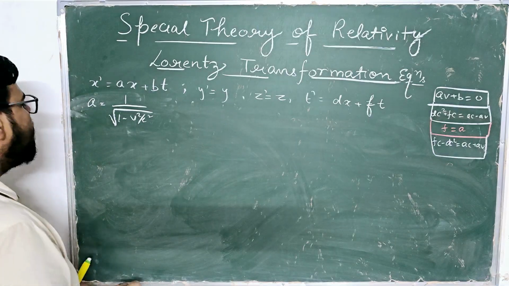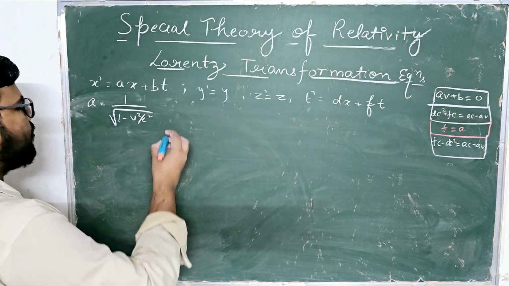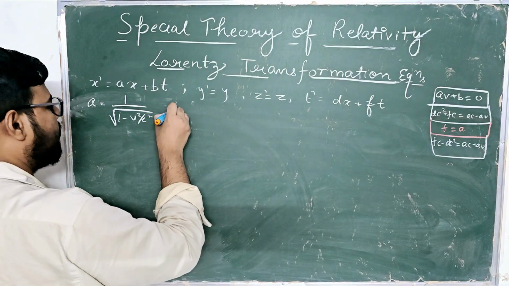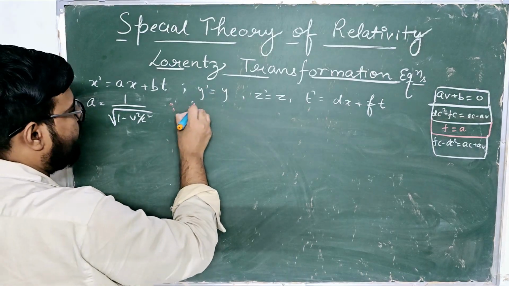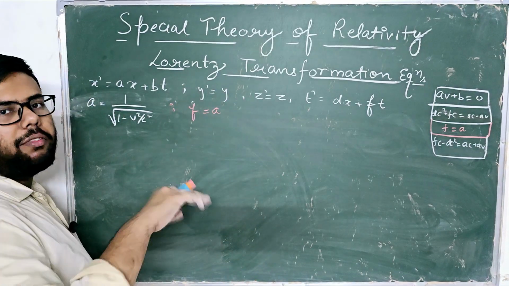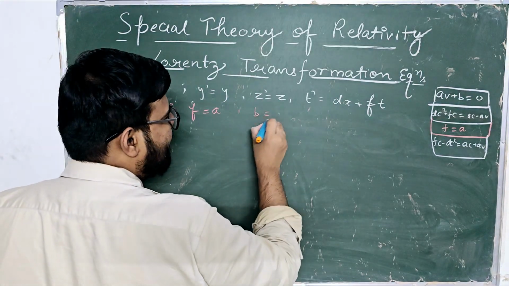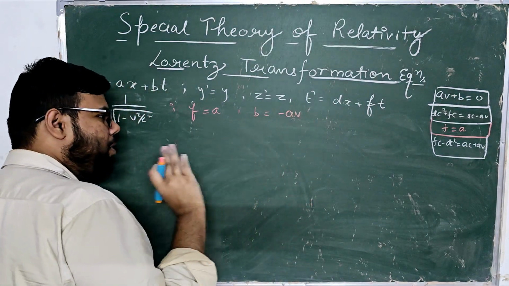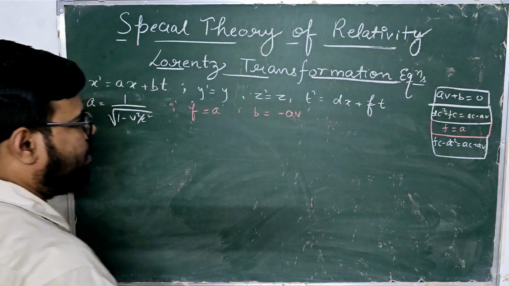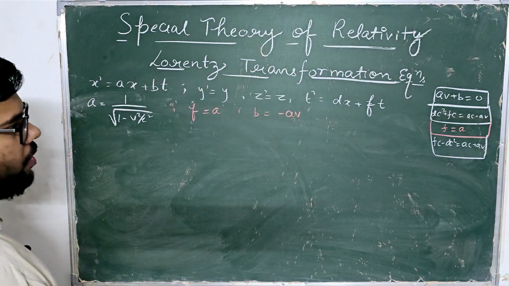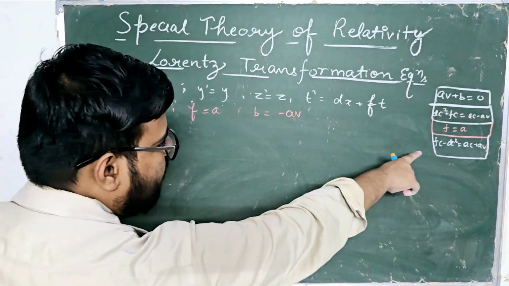Okay, so a is equal to this and f is equal to a, so we have got the value of f also, and b is equal to negative av, so we have got the value of b also. And what will the value of d? Well, from here you can solve it.